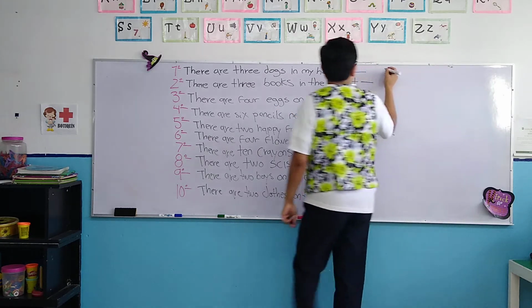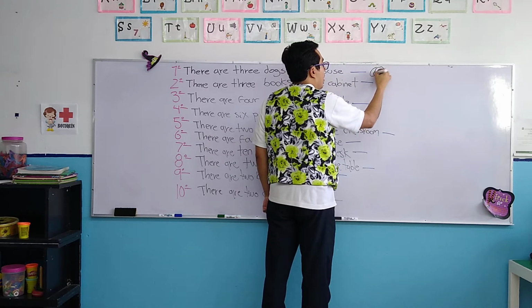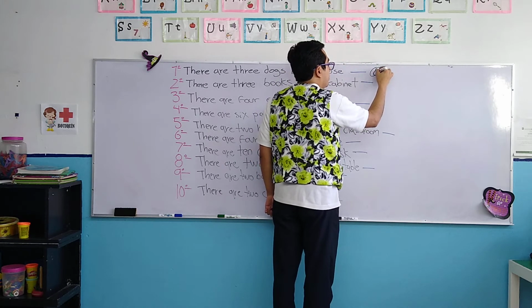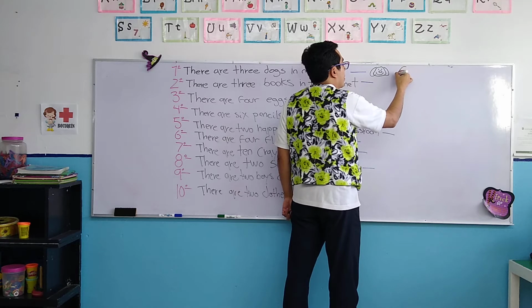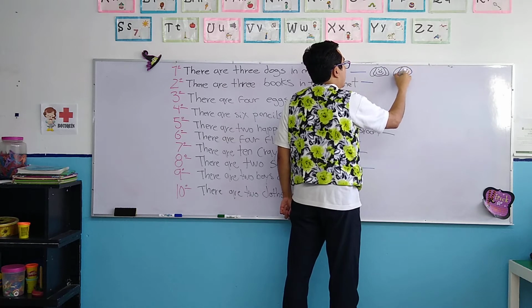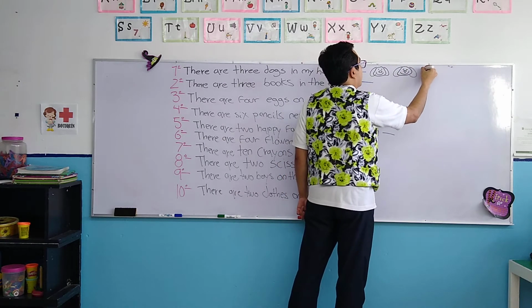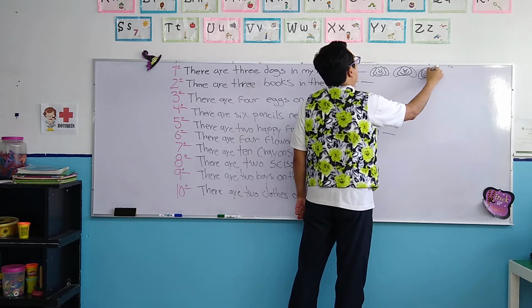Remember, it says 3 dogs, so let's paint 1, the nose, the eyes, the mouth, 1 dog, 2 dogs, again, the eyes, the nose, the mouth, the ears, 3 dogs, the ears, the nose, the mouth, and the eyes.